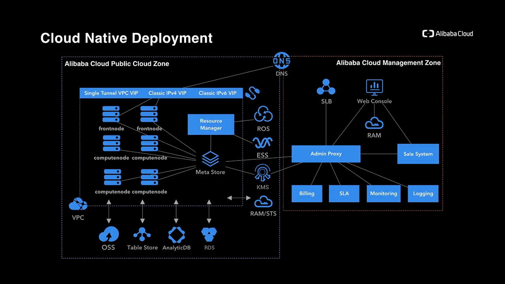The data sources supported include OSS, Table Store, and RDS. RDS includes many relational databases such as MySQL, SQL Server, and PostgreSQL, etc. We also support single tunnel VPC, classic IPv4, and classic IPv6 VIP endpoints for accessing DLA services.